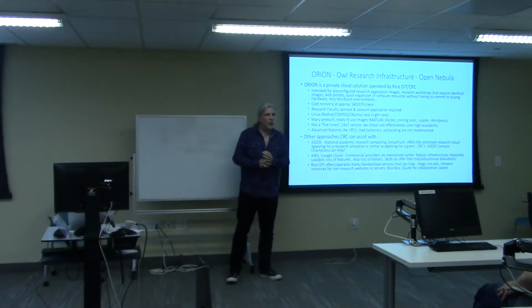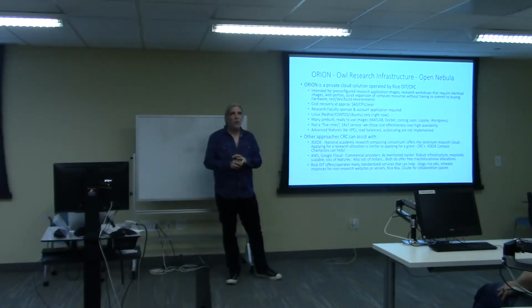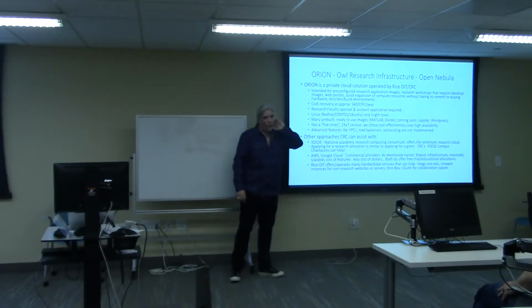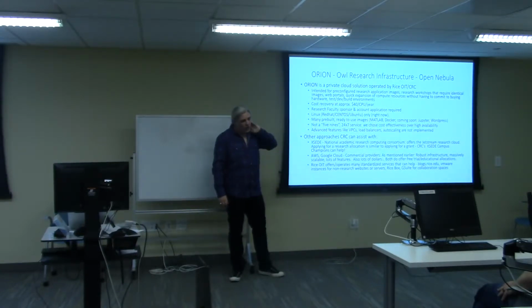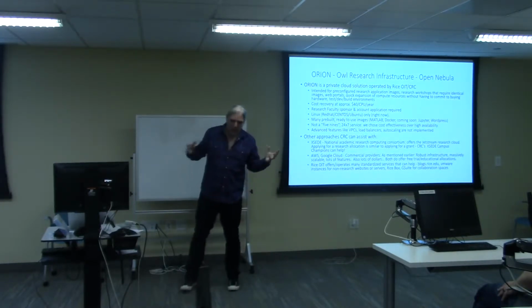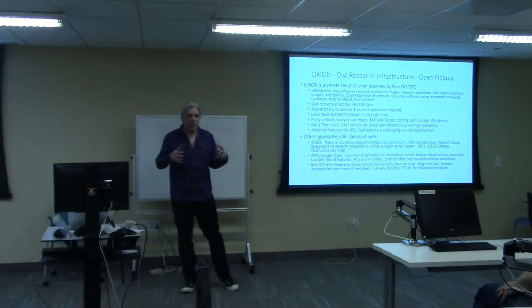And if you're interested in other ways of using virtualization and VMs and some of these types of resources, there are some other approaches that we have besides the ORION network. And one of those is XSEDE, which is a consortium of academic and research computing powerhouses that pool their resources and allow you to apply for allocations.